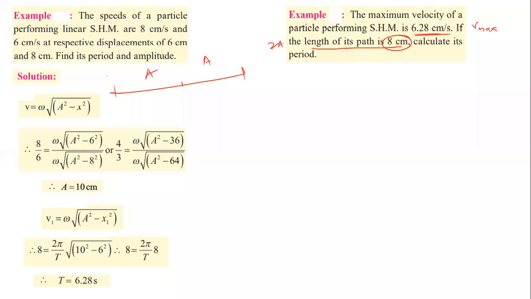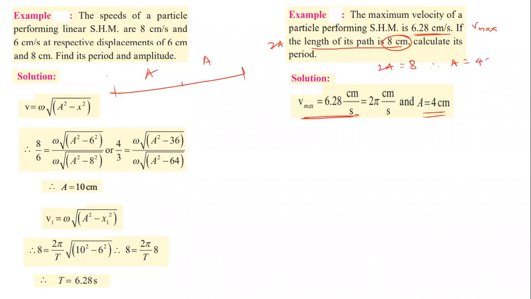You have to calculate period. So V max is 6.28. Okay. A is 4 because I told you 2A is 8. Hence A is equal to 8 by 2 is 4 centimeter.